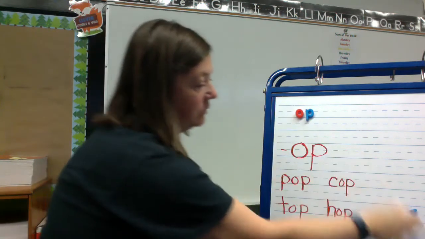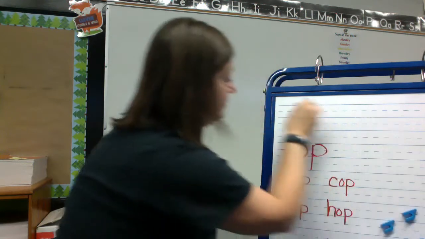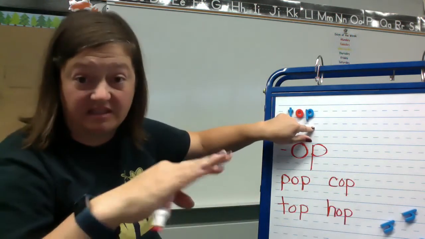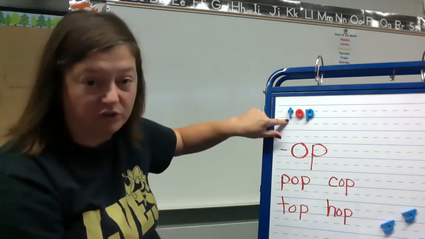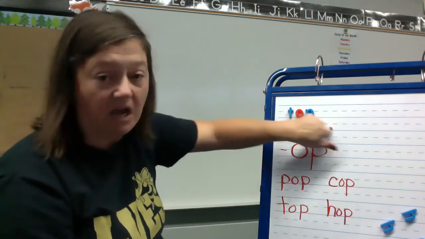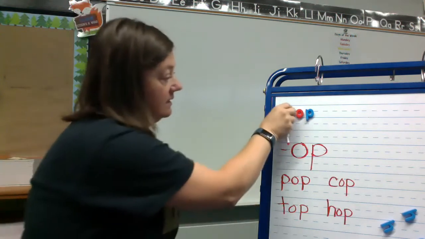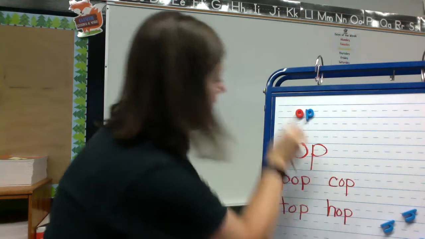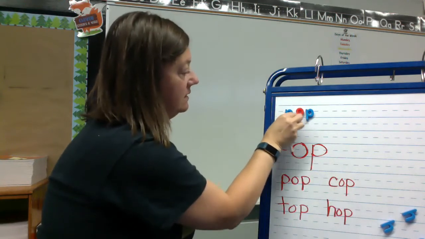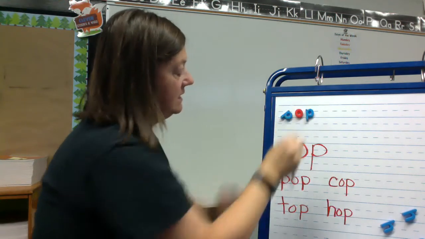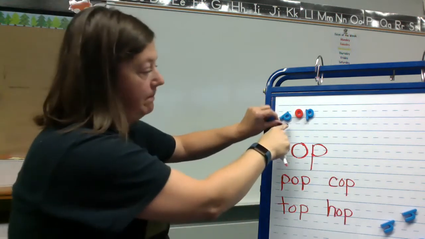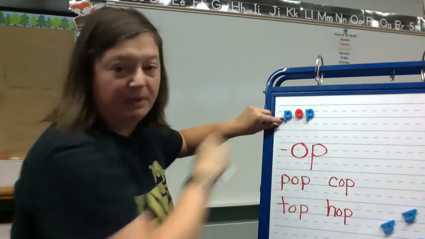Cop. When we took the C away, we put a T. So O and P stayed the same, and the first letter changed. So we have top, right? We took the T away and we put another P. So we have op, right?